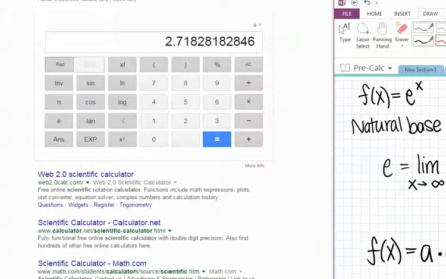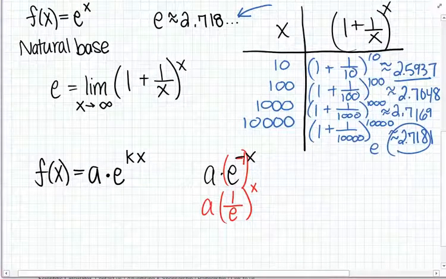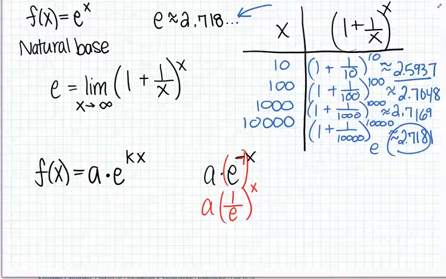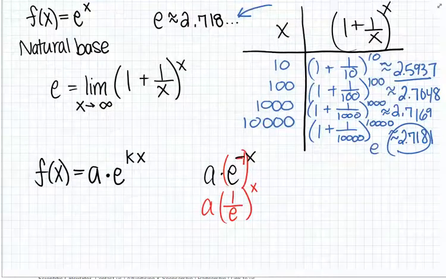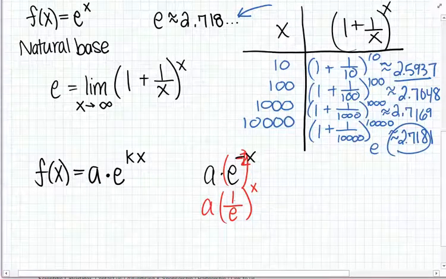So if we have that negative, it is telling us that we have a decay function. And it could be any negative number. If it's negative 2, then we have 1 over e squared, which is still a number less than 1 and therefore decay.